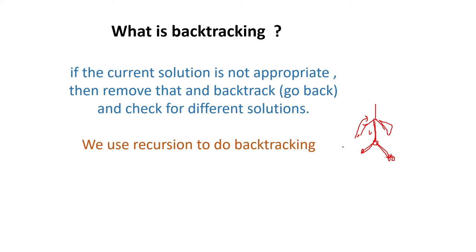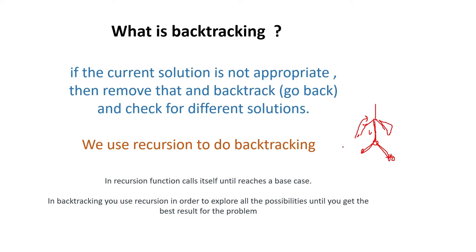And we use recursion to do backtracking kind of problems. Then you may think, what is the difference between recursion and backtracking? In recursion, a function calls itself until it reaches a base case. For example, if we have to find the factorial of 5, then factorial of 5 means 5 into 4 factorial.